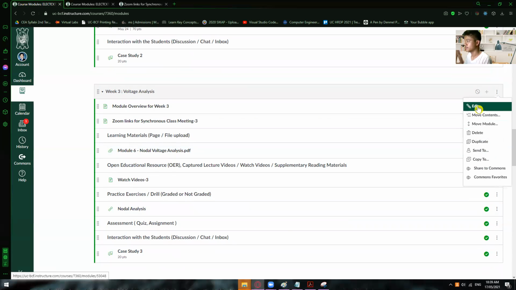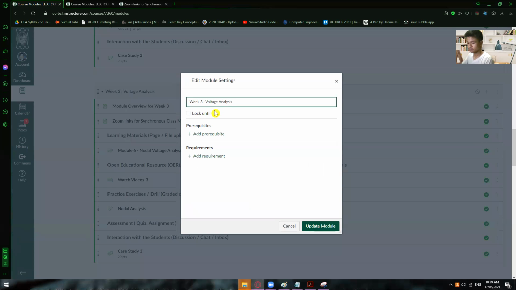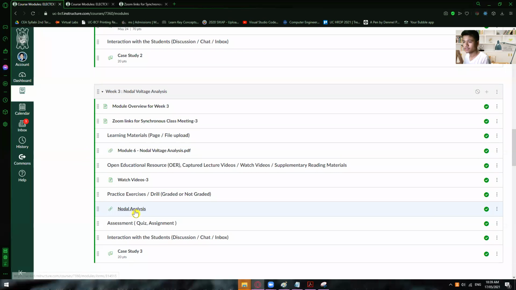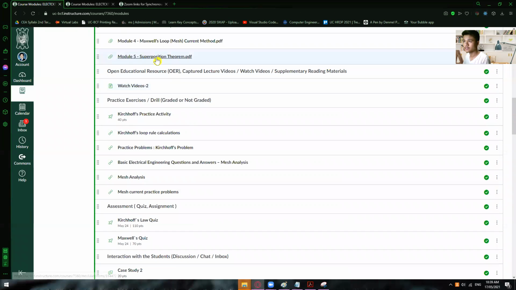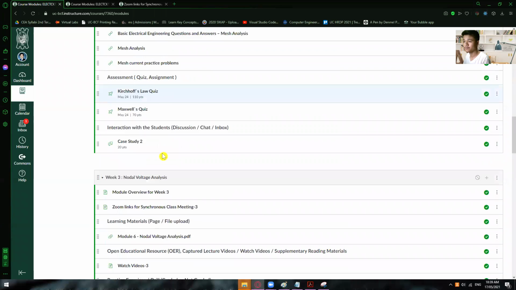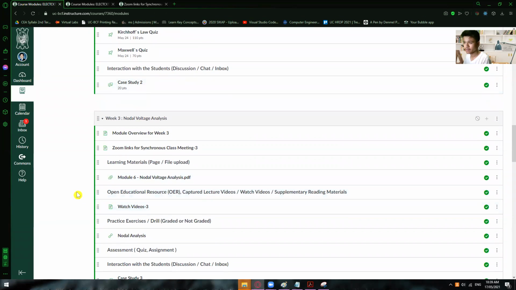Let me just change this one. And notice that we don't have a quiz for module 5 and module 6 anymore, because we don't have enough time.